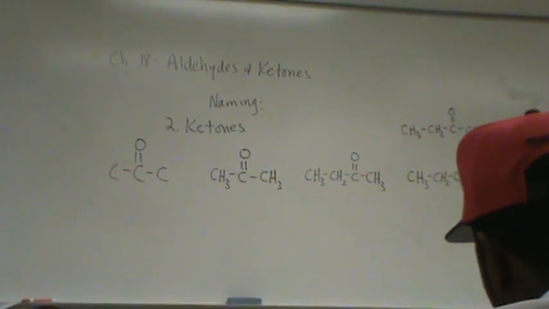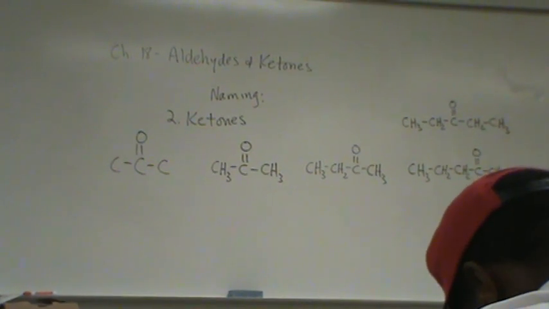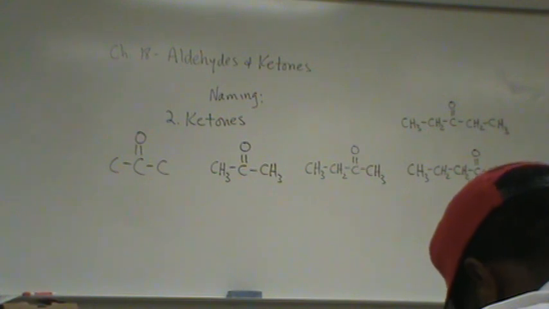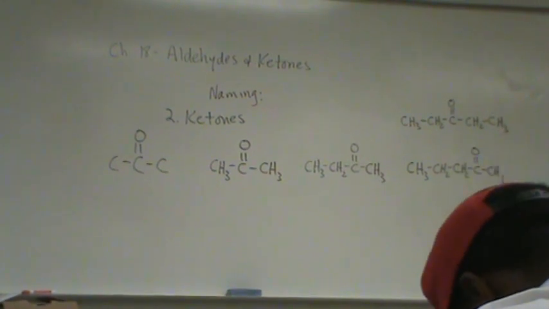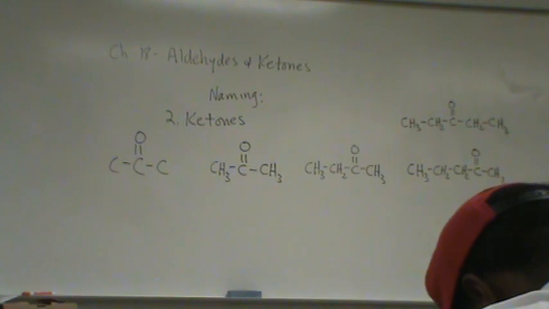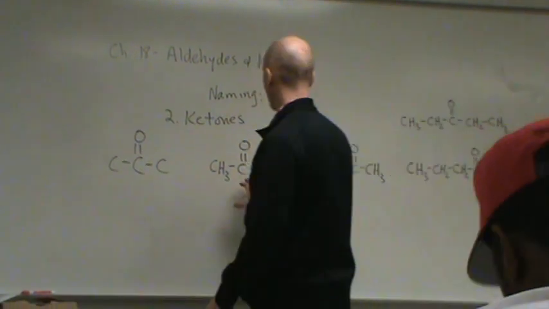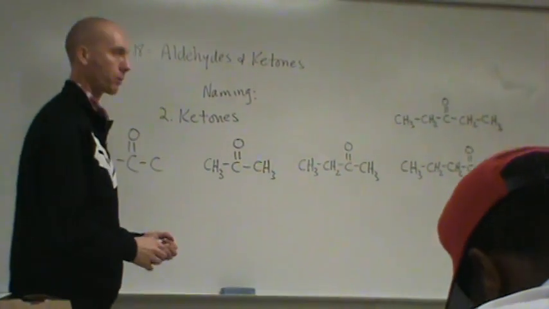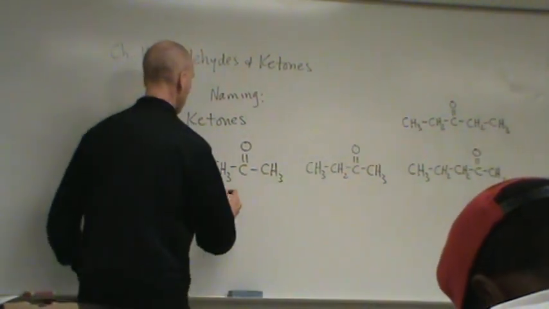So let's take a look at how to name these things. Okay, so this first ketone is 3 carbons. Remember, 3 carbons is propane.